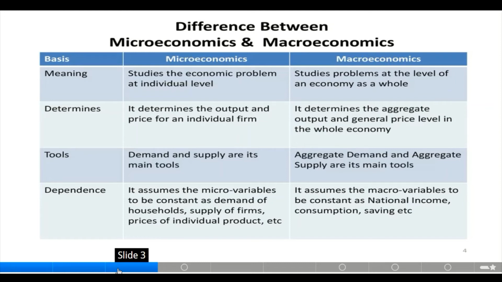Now, based on dependence, microeconomics assumes the macro variables to be constant, such as demand of households, supply of firms, prices of individual products, etc. While macroeconomics assumes the micro variables to be constant, such as national income, consumption, savings, etc.